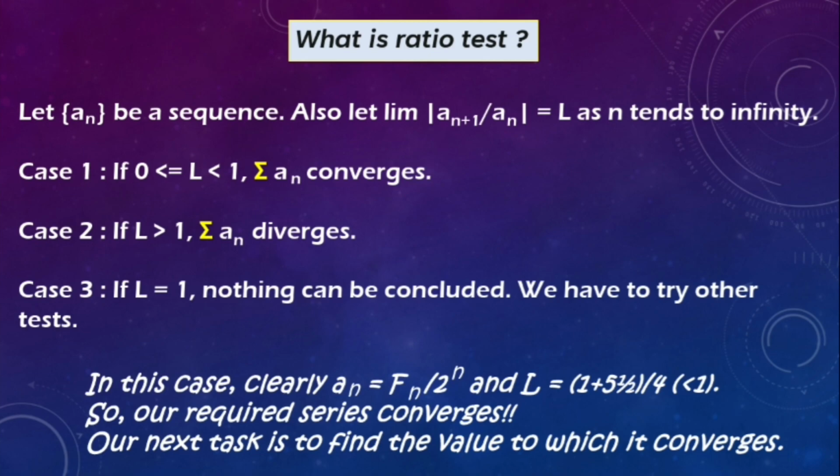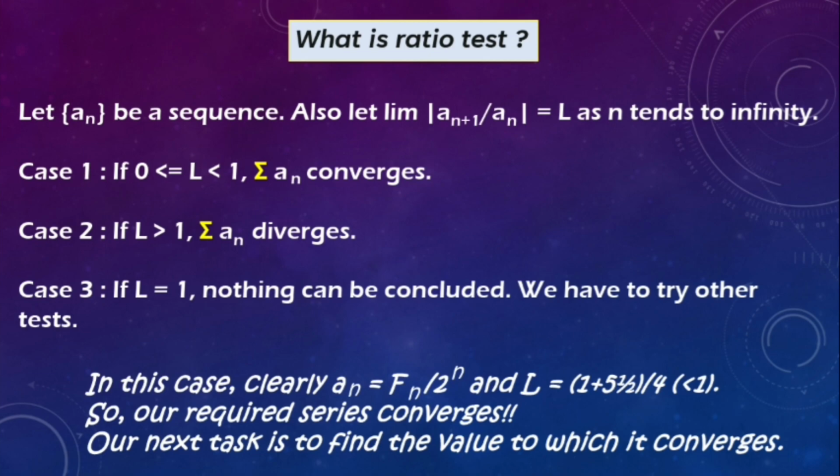That will be simply 1 plus root 5 upon 4. And that is less than 1 because root 5 is less than 3. If you add 1 to both sides, 1 plus root 5 will be less than 4. Then if I divide both sides by 4, 1 plus root 5 upon 4 will be less than 1. So we can see that L is less than 1.